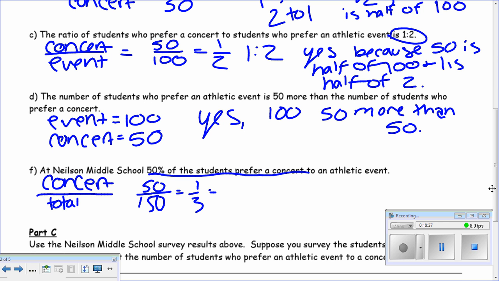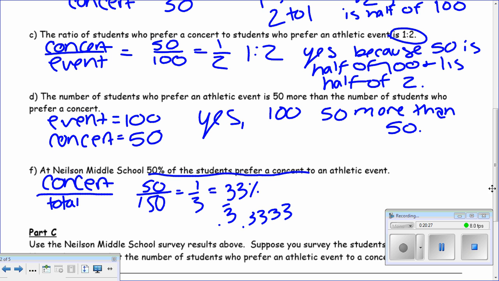1 divided by 3? 33, yeah. When you do 1 divided by 3, you would get 0.3 repeating as a decimal, which really means 0.3333.